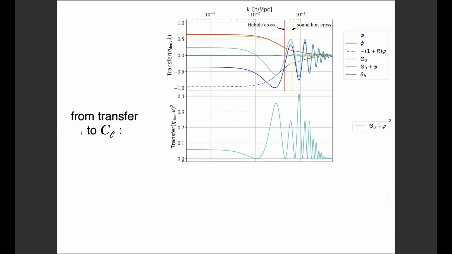The physical reason is that the blue function is not oscillating around 0, but around an offset curve. And the offset curve is set by the zero point of oscillations. So the zero point of oscillation that we described yesterday as being the signature of a competition between gravity and pressure forces in the fluid will lead to the asymmetry between the odd and the even peaks.